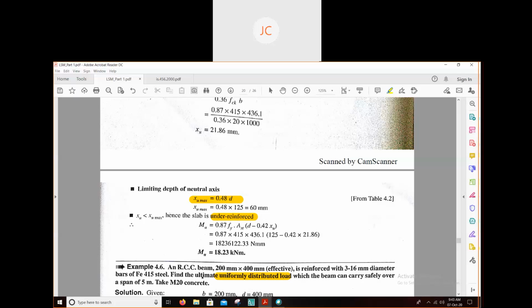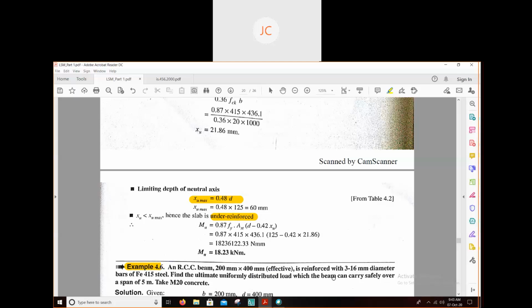All of you try this now. Example 4.6. All of you please try to solve it now. Everything is given.